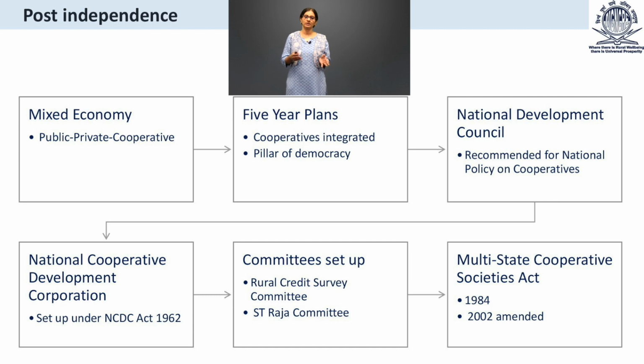There was also a committee which prepared a model act to enable state participation and appointment of government nominees on the management of some cooperative societies. In 1984, the Multi-State Cooperative Societies Act was enacted by the Parliament. This was later amended in 2002. So this was the trajectory of the evolution of cooperative societies in India.